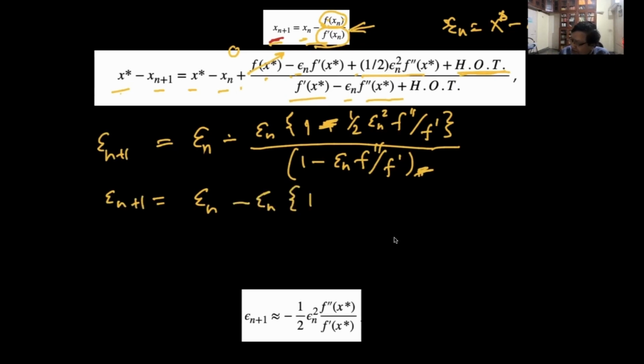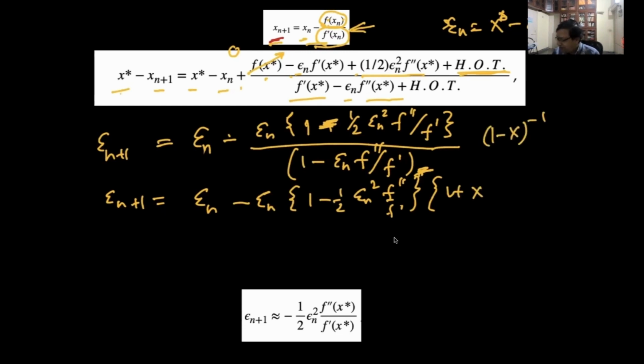Now this is 1 minus half epsilon n squared f double prime by f prime, and the bottom becomes 1 minus x to the power minus 1, which is 1 plus x, which is 1 plus epsilon n f double prime by f prime and higher order terms.